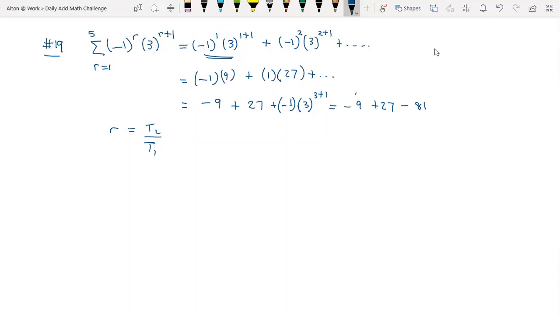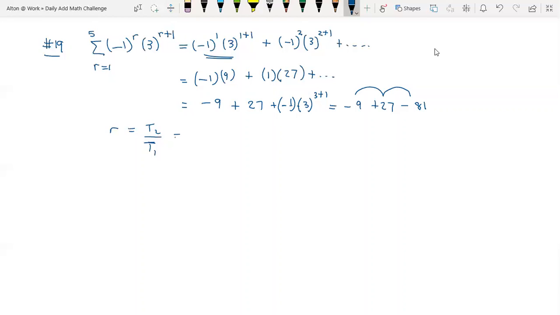Right, so you've seen the massive change in the consecutive terms that follow. You will notice that it is not increasing or decreasing by a fixed amount, which would make it an arithmetic progression. So it must be a geometric progression in this case. So let us determine the common ratio.